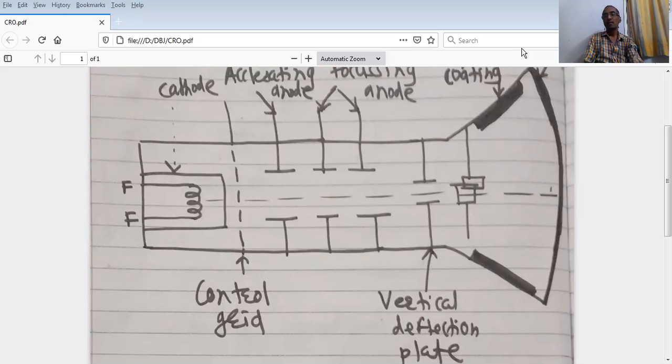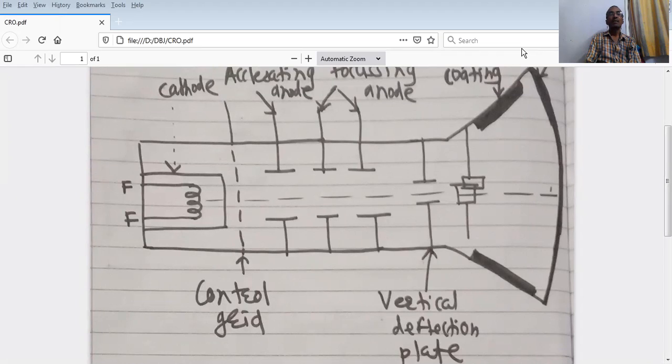Yesterday, we discussed how the electrons are emitted from the oxide material of the cathode by the heating of the filament.